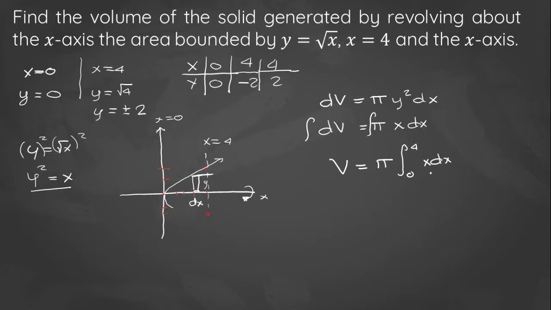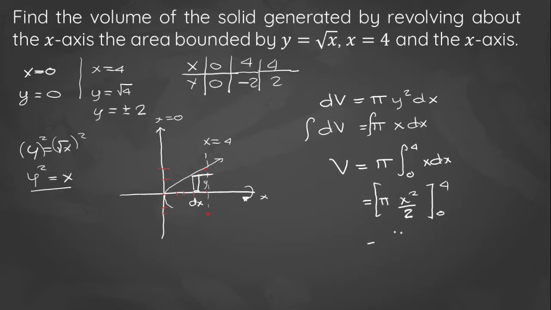By the power rule, we already know that the integral of x is x squared, and the reciprocal of 2 is 1/2. Then we multiply the function by 1/2, and it is evaluated from 0 to 4.